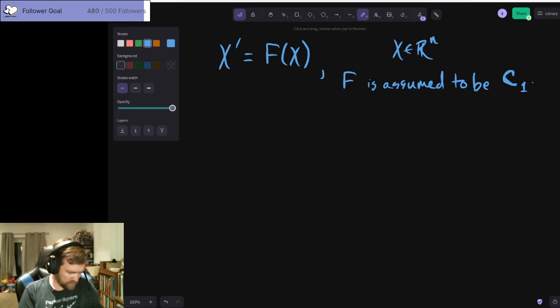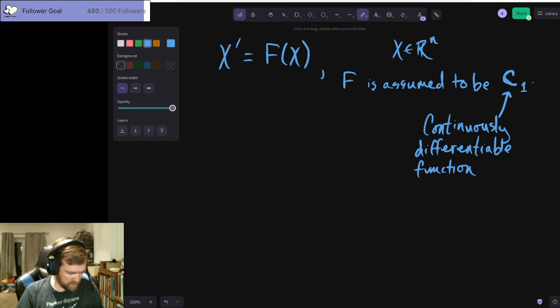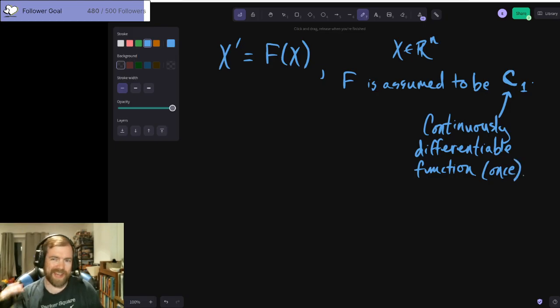There we go. C1 is continuously differentiable. And in this particular case, we're just saying that it is once differentiable at least.